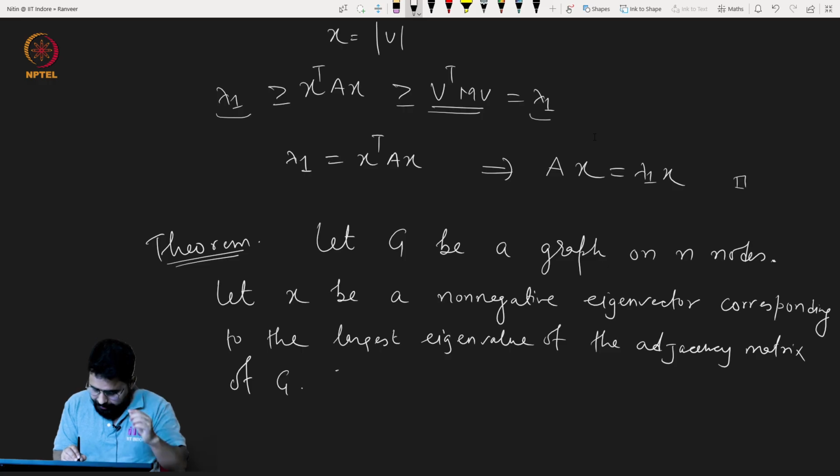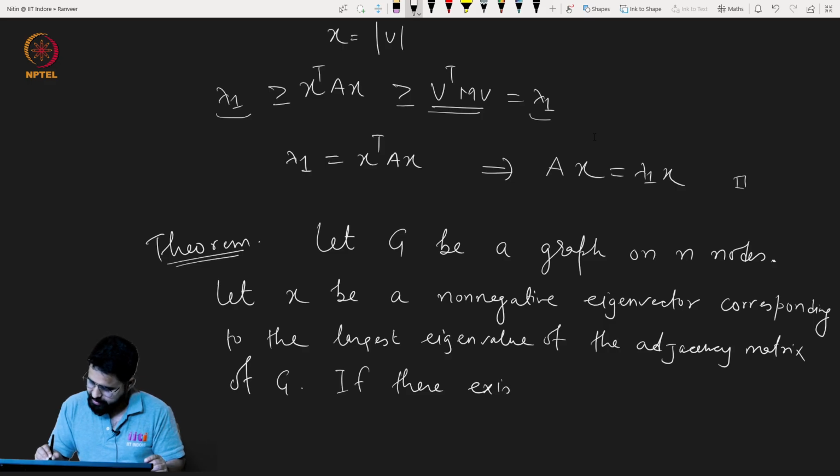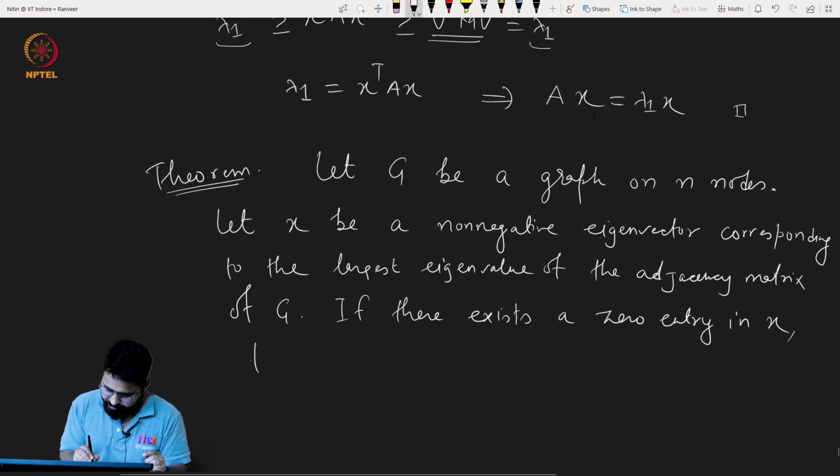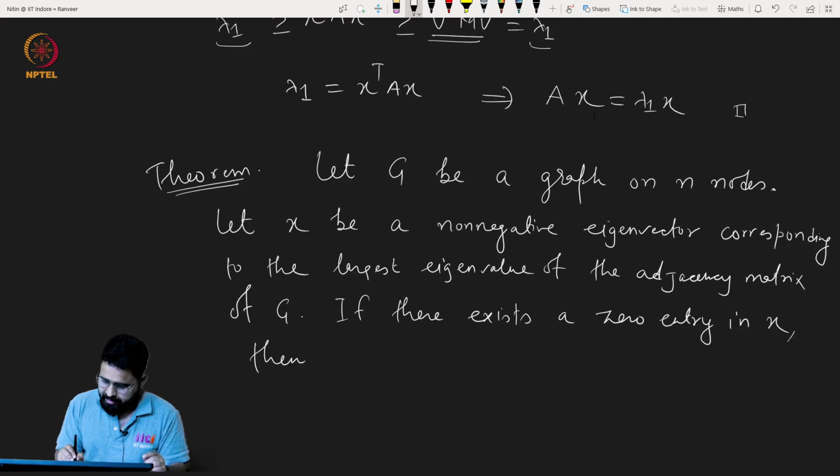If there exists a zero entry in x, then G is disconnected.